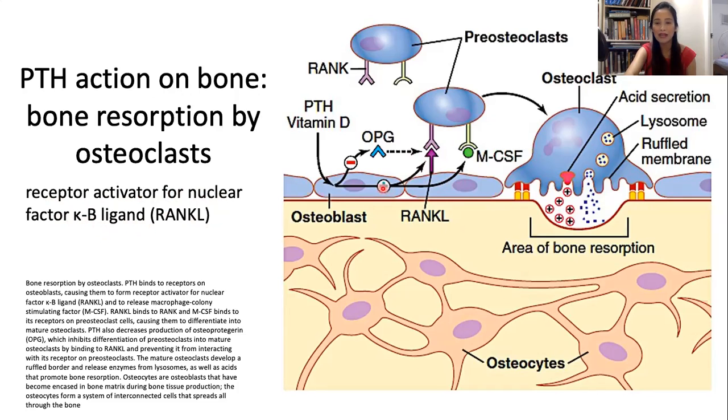And it also stimulates the release of your macrophage colony stimulating factor. Now, your pre-osteoclast contains the receptor for your RANK, so they can bind together, and the receptor for your macrophage colony stimulating factor. So when your RANKL from your osteoblast binds to the RANK receptor, and your MCSF binds to your MCSF receptor, it will result in differentiation of your pre-osteoclast to your osteoclast.